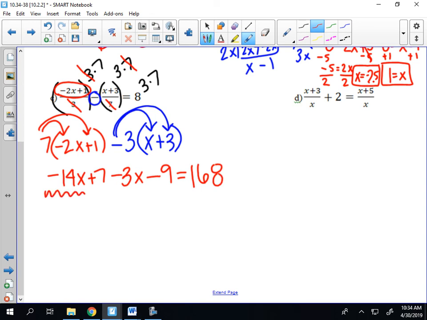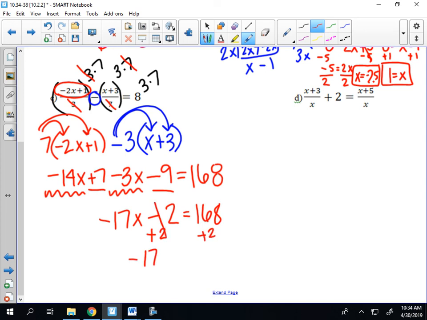So negative 14x and negative 3x become negative 17x. 7 and negative 9 become negative 2 equals 168. Okay, I add 2 to both sides. So negative 17x equals 170, and divide by negative 17. x equals negative 10.